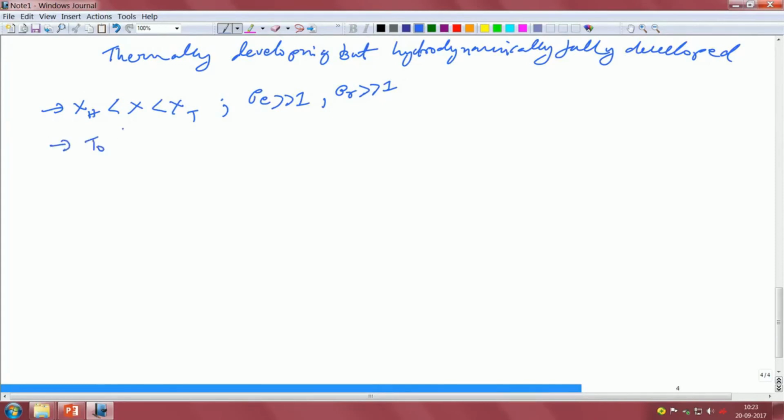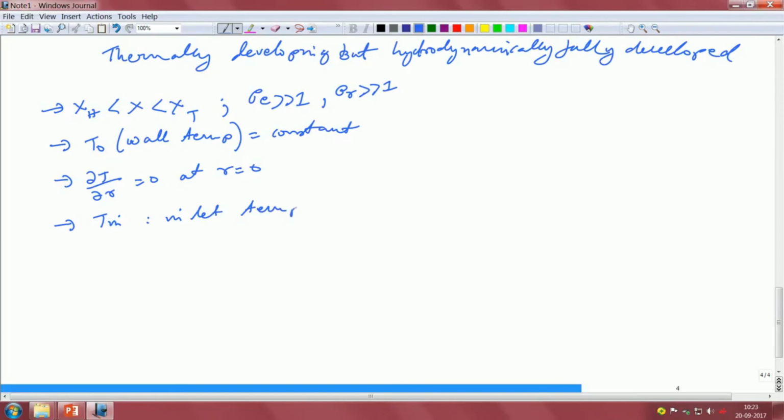T naught, which is the wall temperature, is equal to constant, and of course, you have dT by dr equal to 0 at r equal to 0 because of the symmetry, and we put a temperature T_in, which is basically the inlet temperature, for x less than x_h.